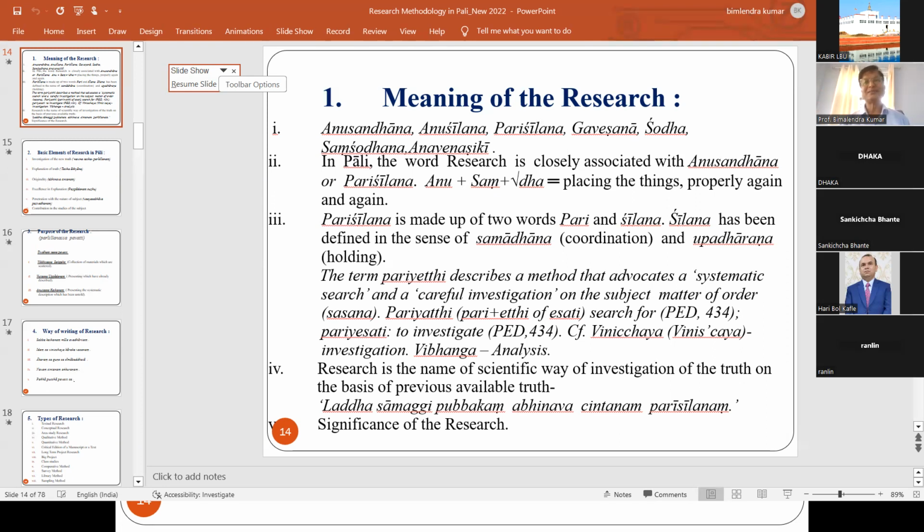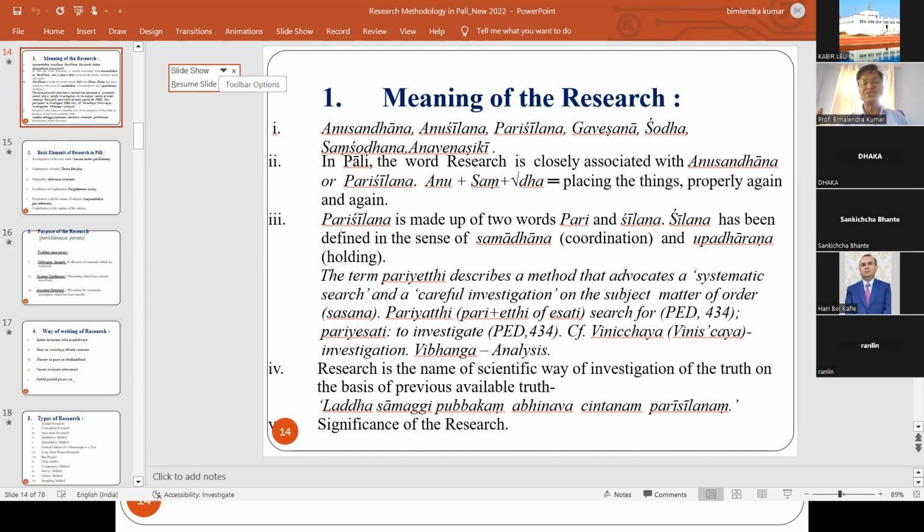So Gavesana is nothing but the searching of the materials again and again. There are hordes of cattle or animals in the agriculture field, but a landowner searches for which are the cows that belong to us and which are the animals that belong to us.